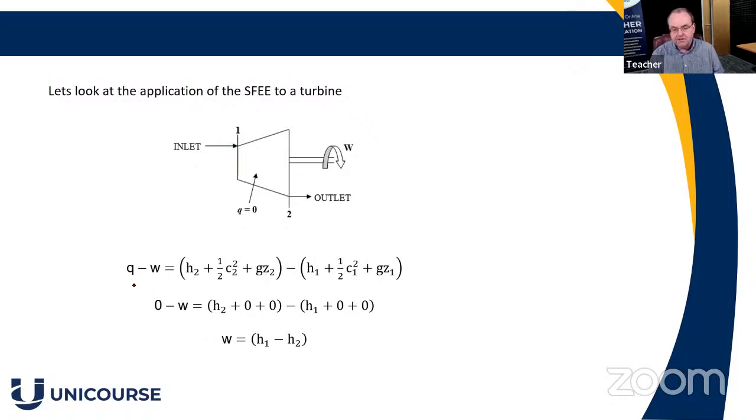We'll start off with our steady flow energy equation, where q minus w is H2 plus half C2 squared plus gz2, less the energy in the fluid entering, which is H1 plus half C1 squared plus gz1.